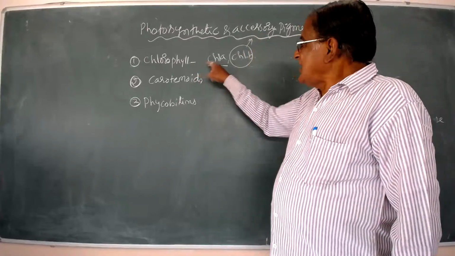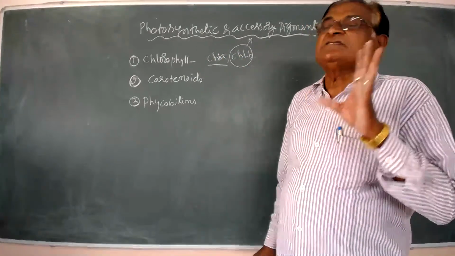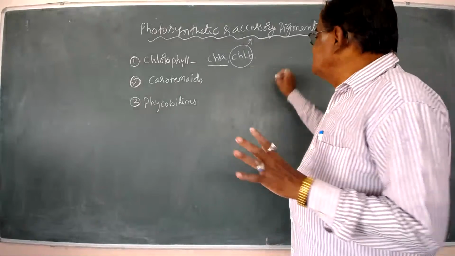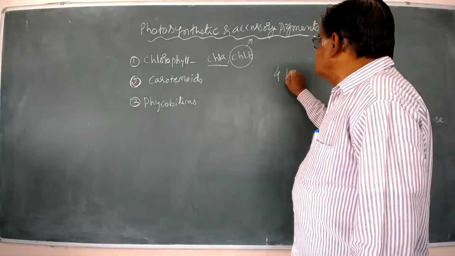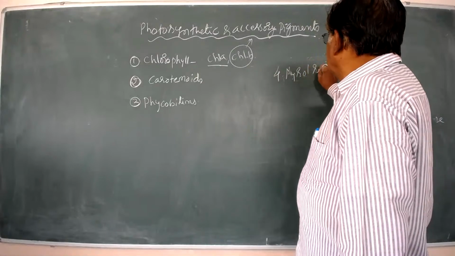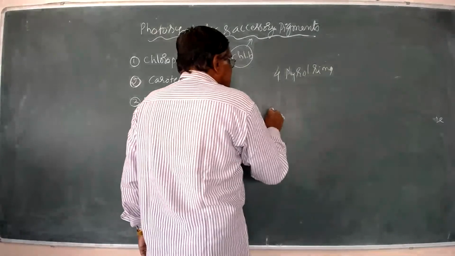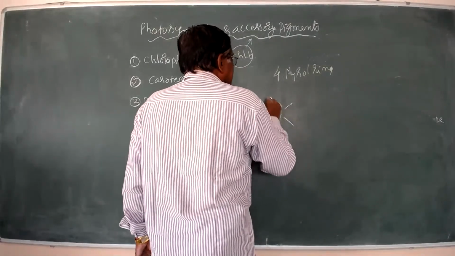The structure of chlorophyll has 4 pyrrole rings and a tail. In the center of the rings, you will find magnesium.